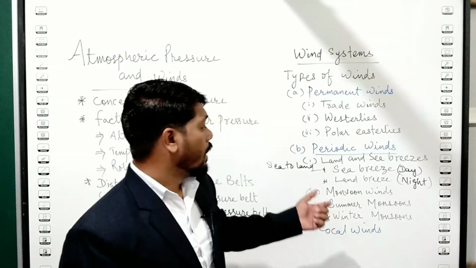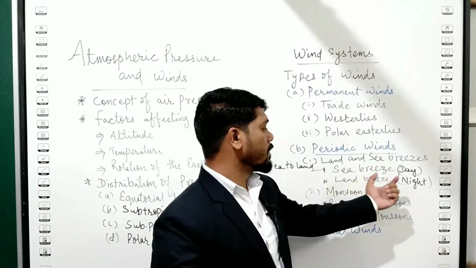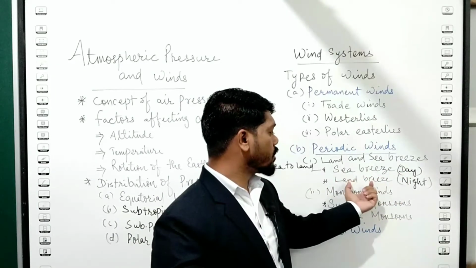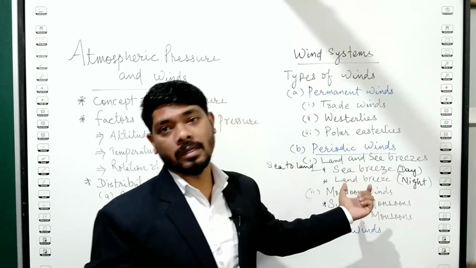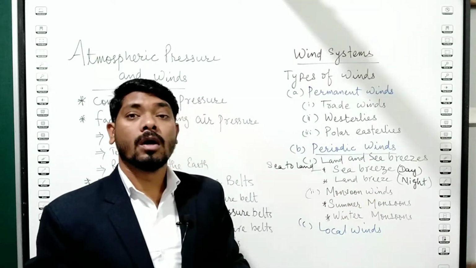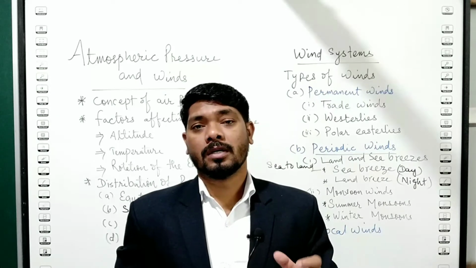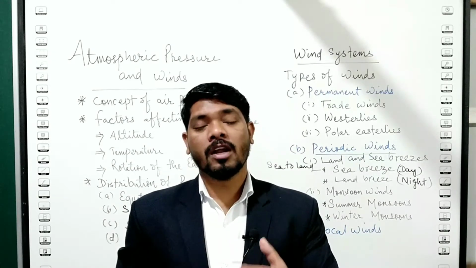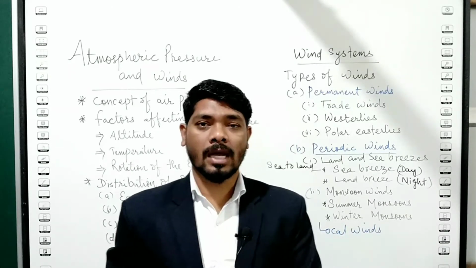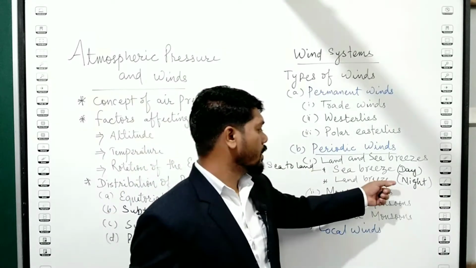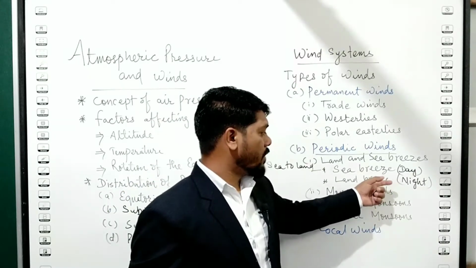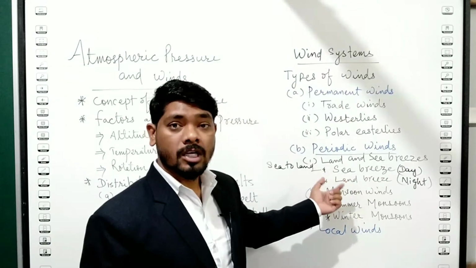And the land breeze takes place during the night time, and this takes place due to the cooling of the temperature. As we know, land and sea also have a difference in cooling, means they take different time. Land gets cooled very fast and sea takes more time to cool.